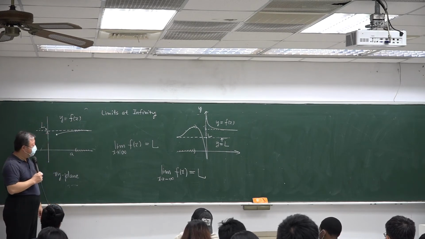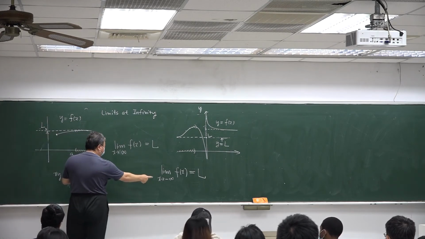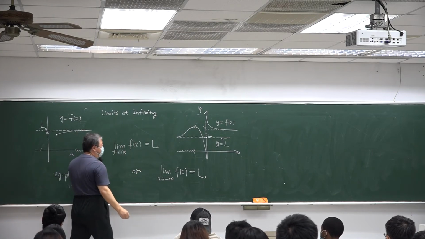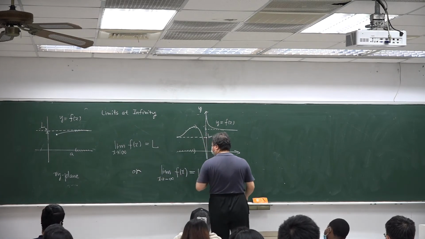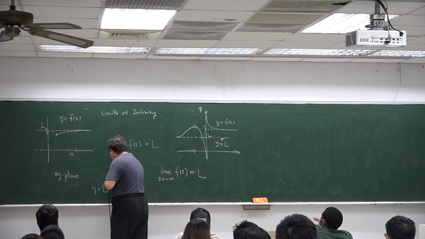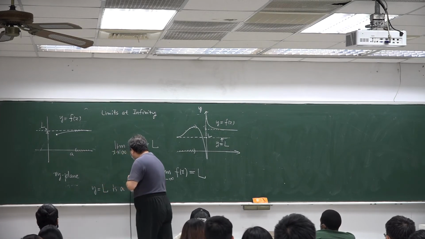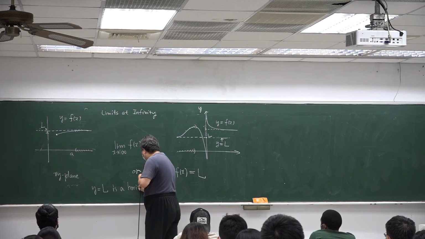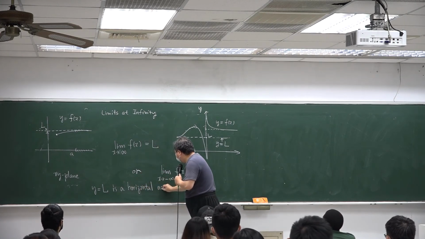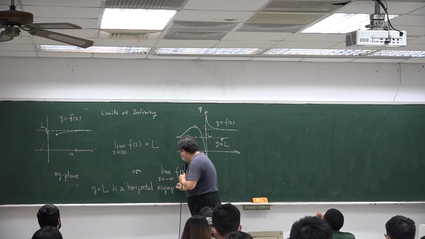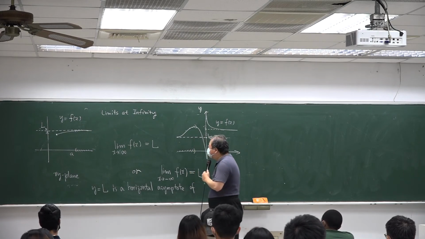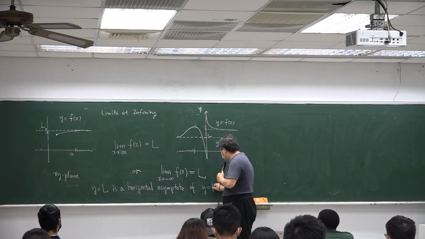So if this one holds or this one holds, then we say y equals L is a horizontal asymptote of the curve, or of the function f.